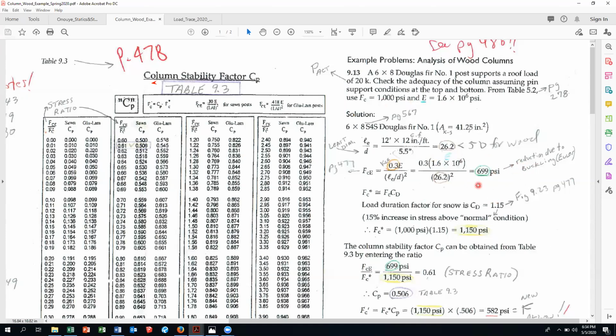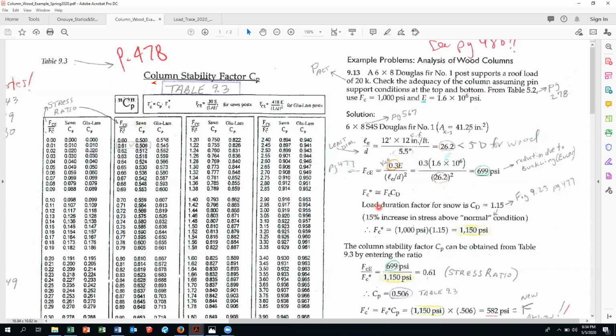But we've got to go even further to look at load duration factors and column stability factors. Mr. H is going to get into this a lot more in structural theory. So we're just going to wade through here a little bit. But in essence, we can't use 1,000 PSI for allowable stress when we have buckling potential.